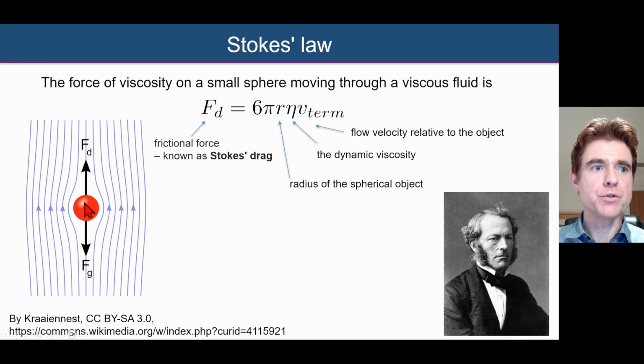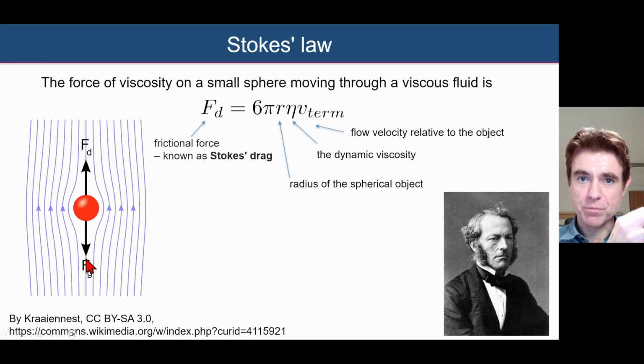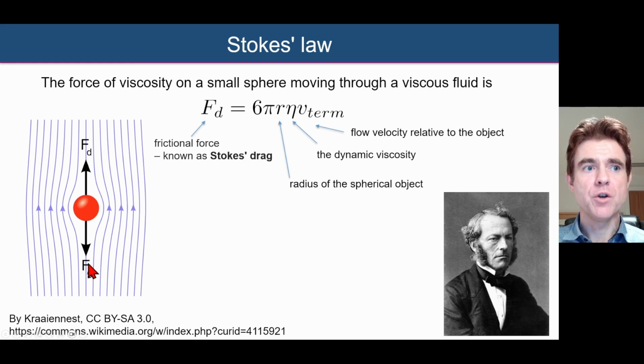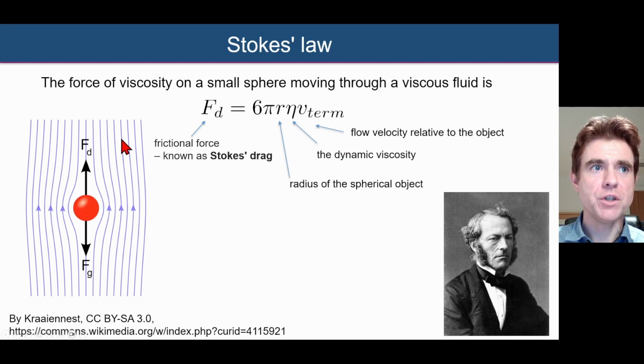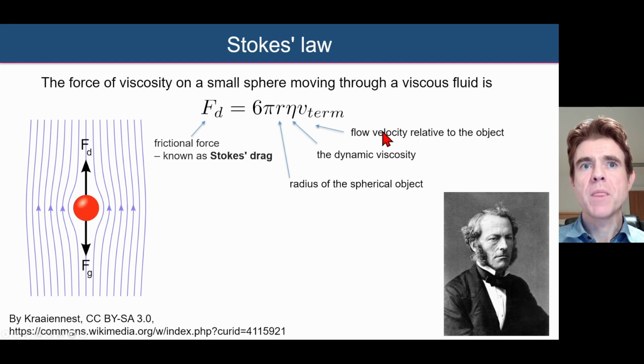Effectively then, if we've got some downward force here, imagine it's being pulled down due to gravity, that's the weight that we showed in the previous slide, then that will be matched by this drag force as the sphere moves downwards through this viscous fluid. That drag force is just 6 times pi times the radius of the spherical object times the dynamic viscosity of the surrounding fluid, and then also crucially the velocity, the speed of that sphere.